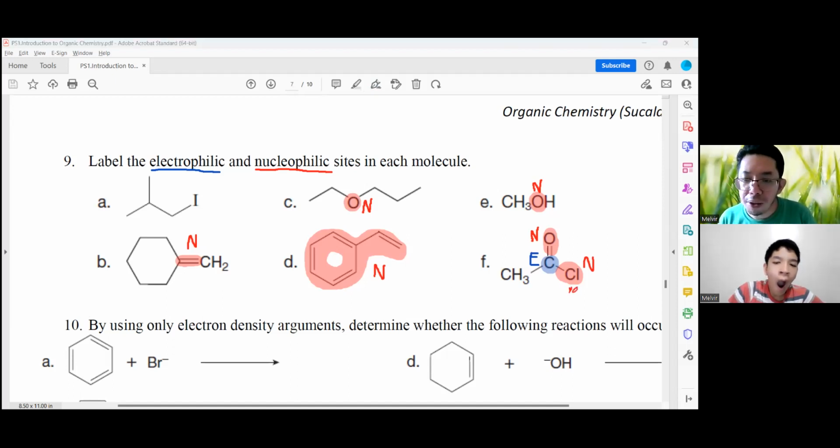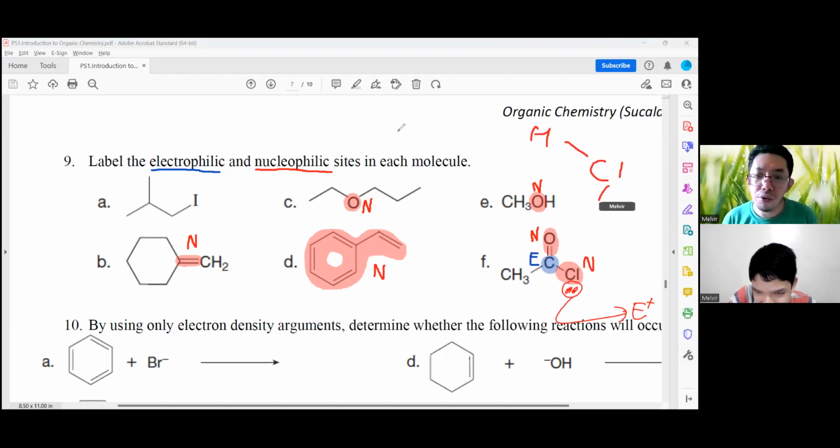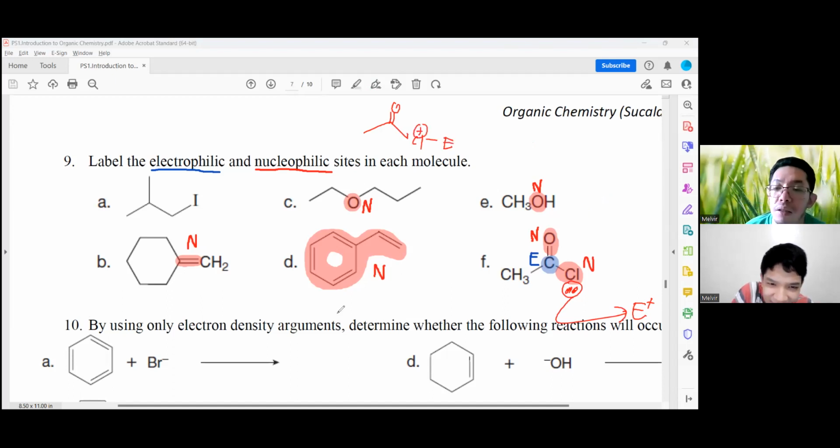Can these lone pairs of chlorine easily be donated to an electrophile? Opo. So magiging ganito yung structure mo niyan, tapos may plus. Tapos tignan mo to. Ano yung carbon mo dito? Partially positive. Magiging magkatabi sila. O, edi mabilis siya. Pak! Putol yan. Magre-repel agad yan.